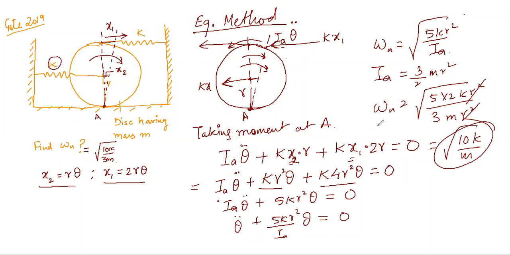But in the energy method, there is one advantage: you only need to understand what the energies are. You don't need to understand where the forces are acting or on what applications. That is one of the easiest things in the energy method, right? But if your understanding of the mechanics part is clear, like how to draw the free body diagram and where the forces are drawn, then it becomes very easy to see that the equilibrium method takes less time as compared to the energy method. You only need to have your concepts clear. That is the most important thing, right?